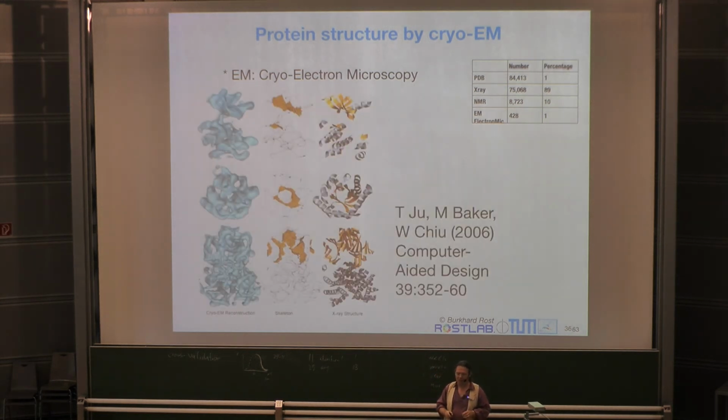But you could possibly imagine that you now can combine that, and that's a paper from David Baker, not David Baker, from Ju Chu, using cryo-EM to combine cryo-EM and comparative modeling and modeling processes to combine both.